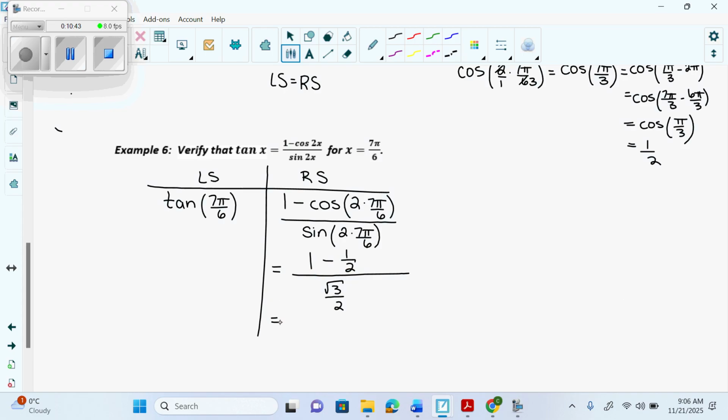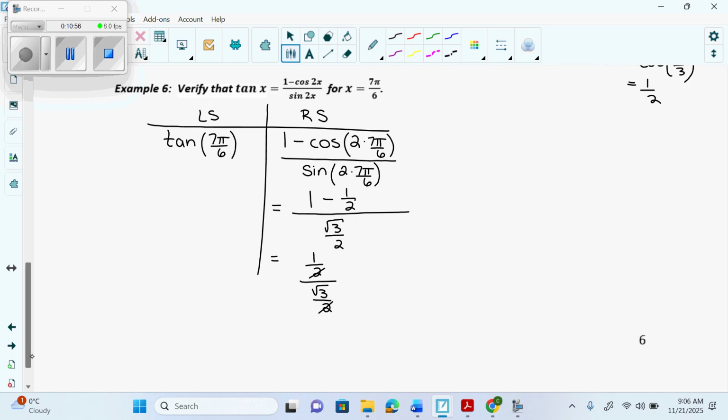So what's 1 minus 1/2? 1/2. Divided by root 3 over 2. The denominators cancel, and I'm left with 1 over root 3, which I need to rationalize, and I get root 3 over 3.